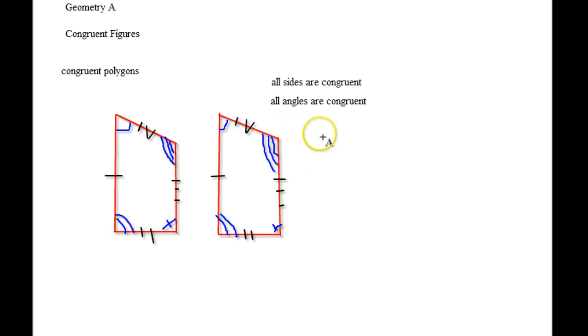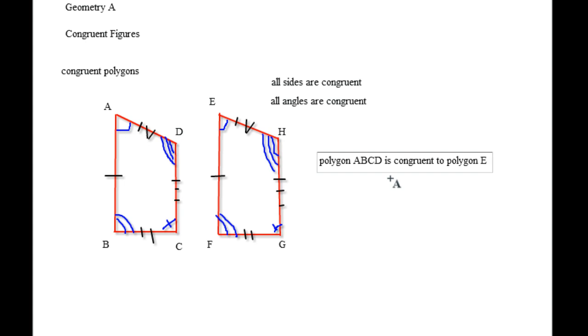Depending on the amount of things you have, you would just have it set up. So you would have this be A, B, C, and D, and this would be E, F, G, and H. You would say polygon A, B, C, D is congruent to polygon E, F, G, H. Each letter would line up with each other.